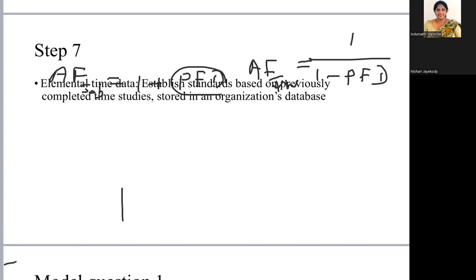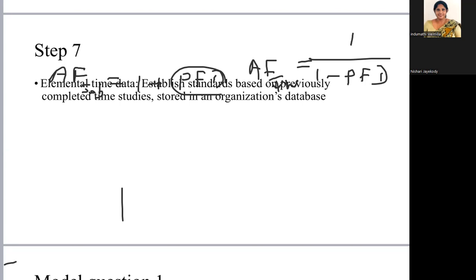So anyway, most companies or organizations follow this process to confirm or identify the standard time for particular tasks or jobs in the company, and they also use it to calculate their workers' wages, right?